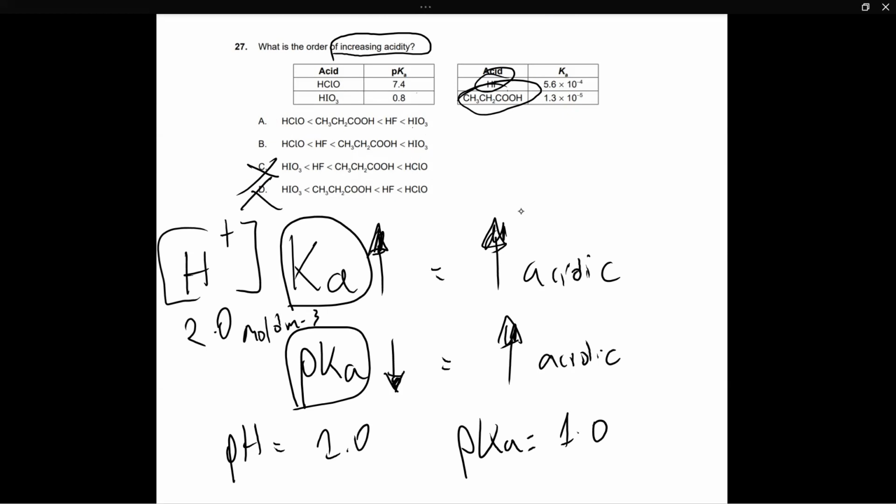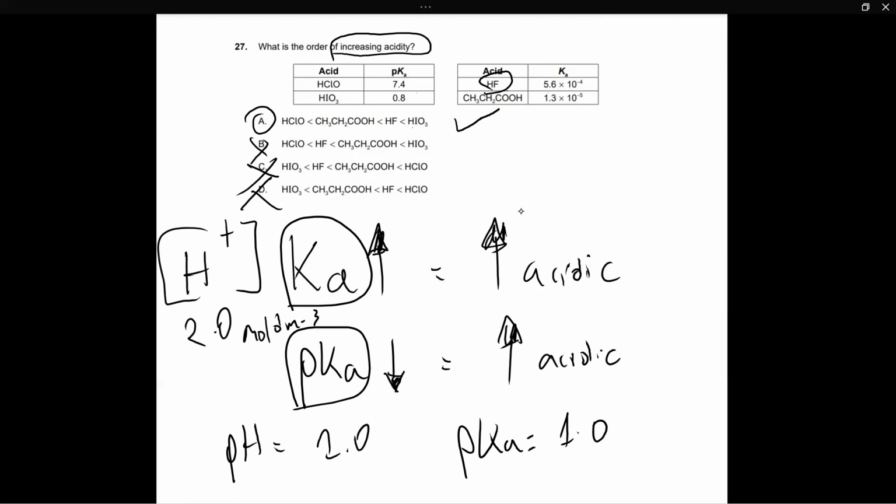And remember what I told you earlier, the higher the value of the Ka, the more acidic that substance is. As you can see from here, HF has a higher Ka value than propanoic acid. Therefore, HF is going to be more acidic than propanoic acid. Thus, A is our correct answer.